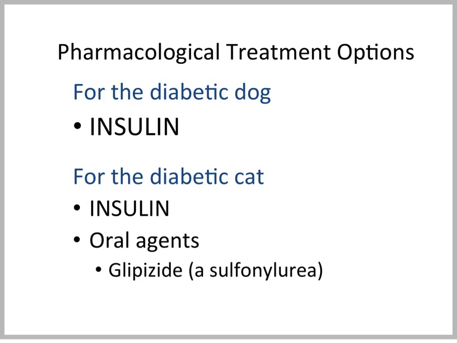For most diabetic cats, we also need insulin, because I said earlier that naive diabetic cats, when they are first presented to a veterinarian, usually have low insulin concentrations, unlike the type 2 diabetic person, which usually presents with rather high insulin concentrations. Sometimes in cats we can use oral agents of the drug class sulfonylureas, and the one drug that is primarily used is glipizide.